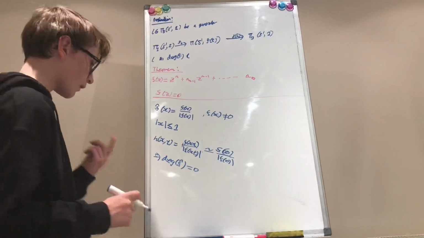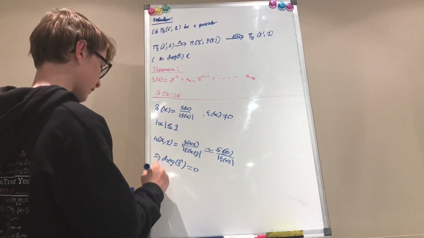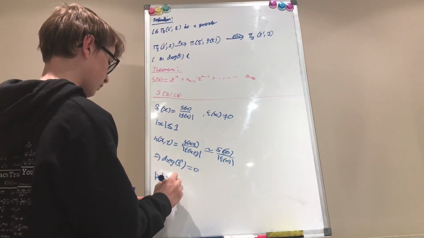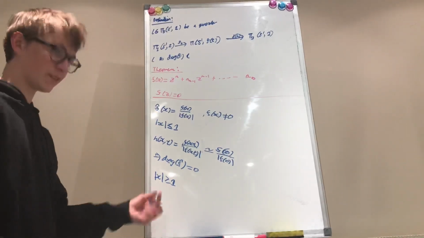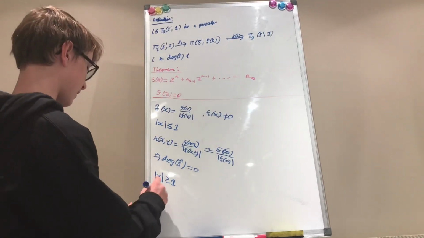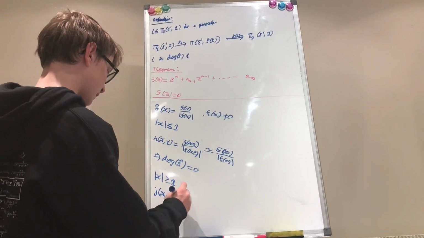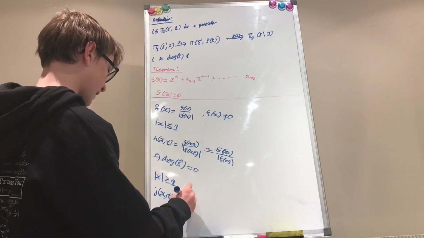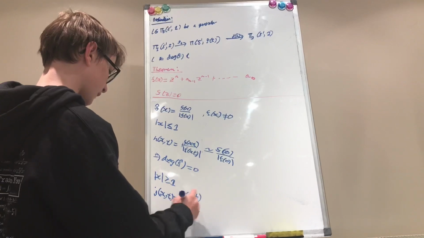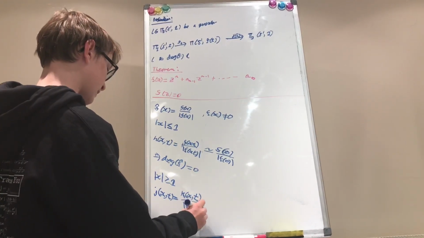Now, we let the magnitude of x be greater than or equal to 1. This way, we can define, let's say, k hat of x, t equal to k of xt over the magnitude of k of xt.